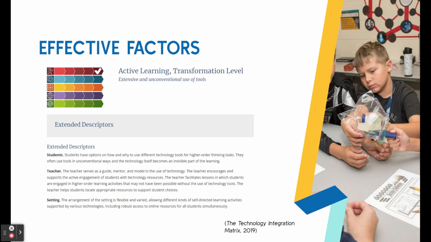Checking on the selected level, a page with descriptors will open and you can read the description of what the students are doing, the role of the teacher, and the setting of the learning. The website is very easily navigated and it makes it easier to understand the 25 different scenarios that are part of this matrix.